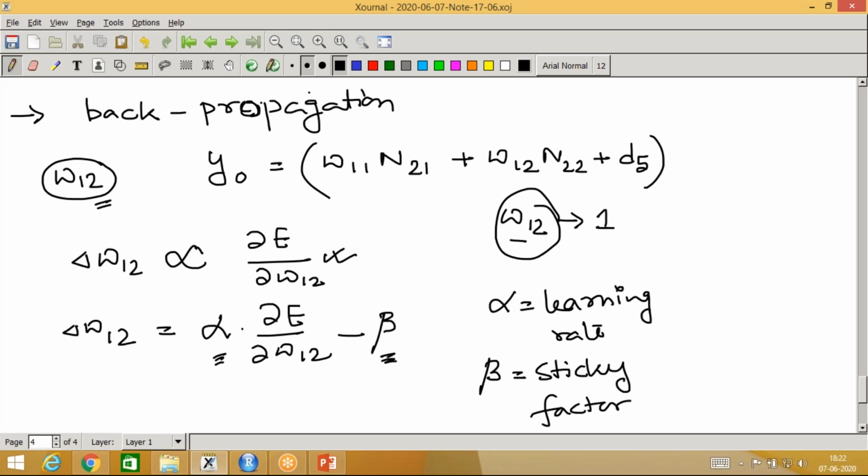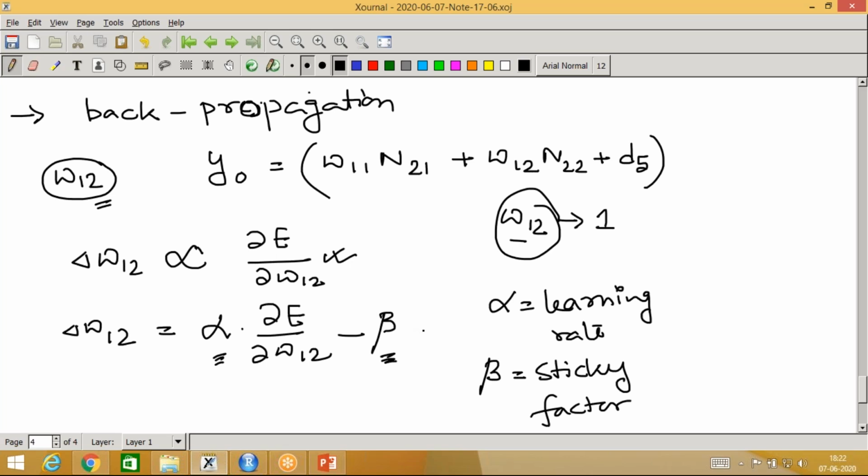How you choose the values of alpha and beta will decide how fast it will learn. If alpha is very high and beta is very low, it will learn very fast, it will optimize very fast. But if alpha is very low and beta is very high, then it will learn slowly. Understand this carefully. This is very crucial.